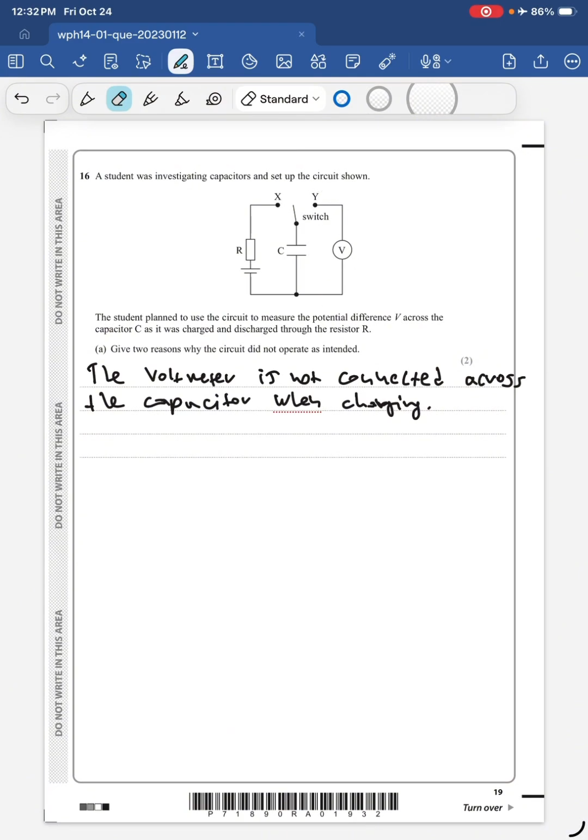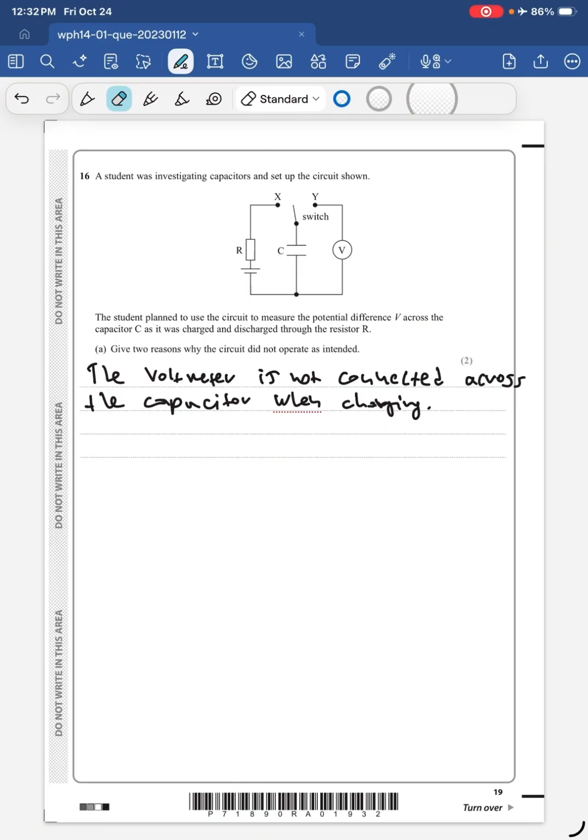And if the switch Y is closed, so if we move the switch to Y, the capacitor is short circuited.